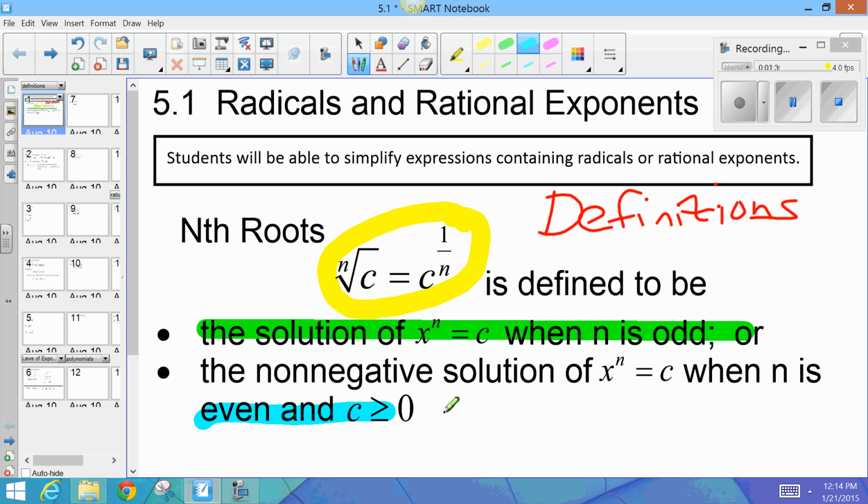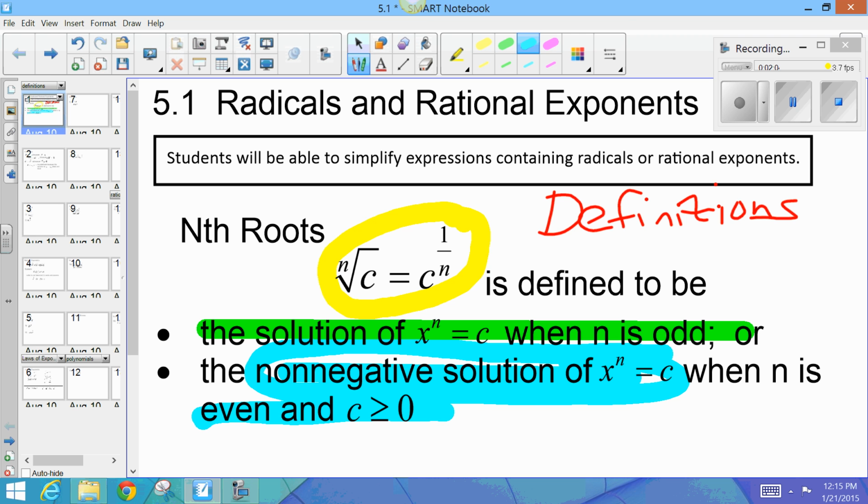So first of all, we're saying only if the radicand is positive, and then if you're taking the even root of a positive number, we would say that there were two solutions, both positive and negative. So in order to make this a function, we're only going to take the non-negative solution. So we only have one answer.